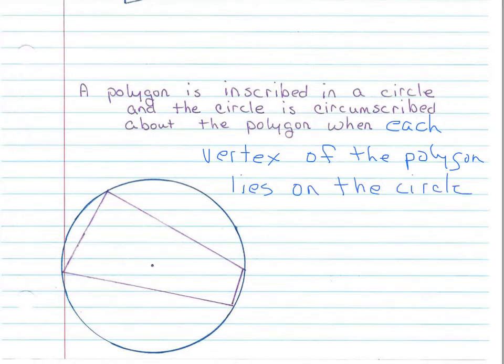Notice here that quadrilateral is inscribed in the circle because each vertex lies on the circle. These are the vertices of this particular quadrilateral. Those are just chords that form a polygon, yes, and those are chords of the circle. So the circle is circumscribed about the polygon, or we could say that the polygon is inscribed in the circle.